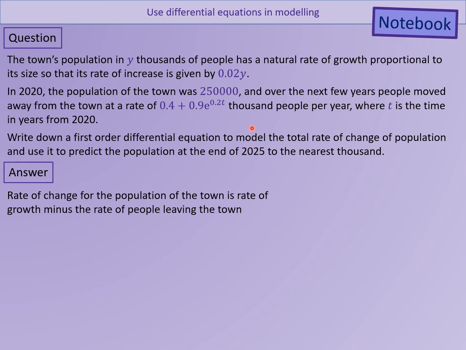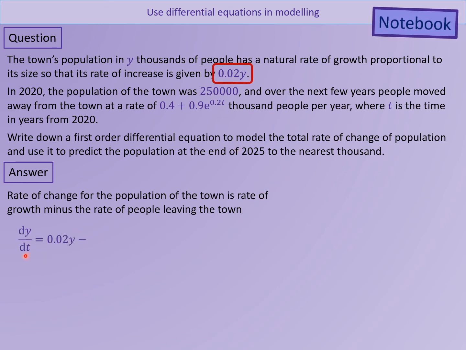What else have I got? I've also got this bit just here. Over the next few years, people move away from the town. So that's a decrease of 0.4 plus 0.9 e to the 0.2t. So they are decreasing at this rate. So we've got an increase in the rate of change of the population and then the decrease just here. So what I want to do is tie those two bits of information together.